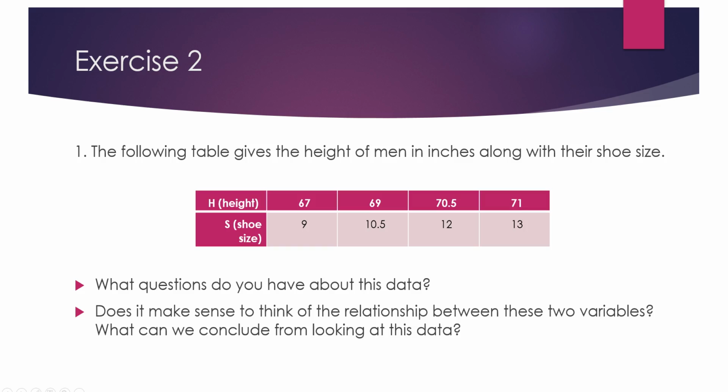Okay. So what questions do you have about this data? I would want to know, who are these people? Are they related? Are they all the same race? Are they the same nationality? So those are the types of questions that you want to think about when it says what questions do you have? Did the same person take the measurements for the heights?